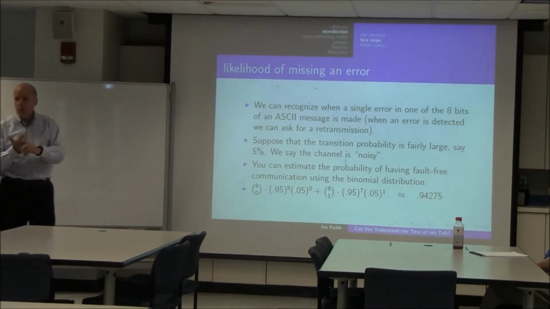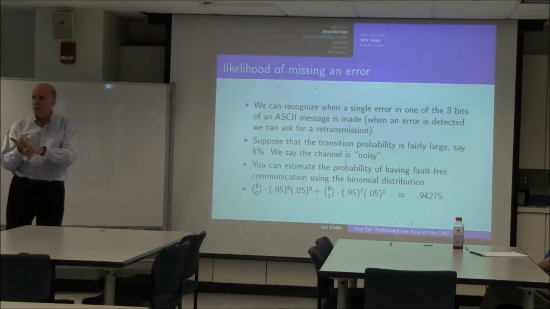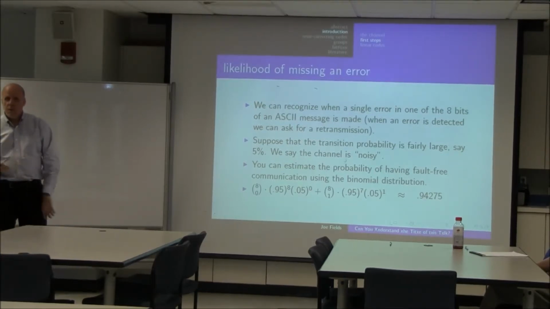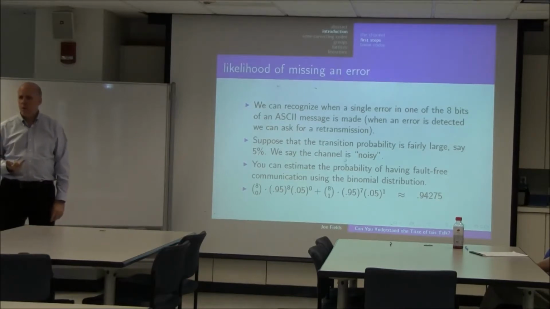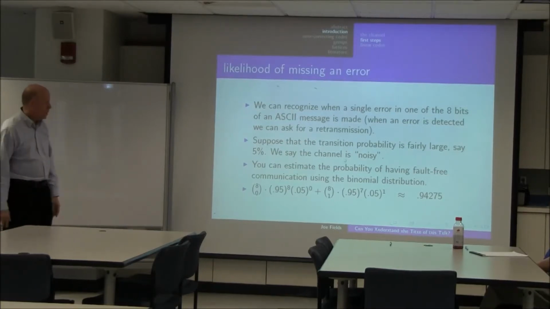If there's a single error, I'll be able to at least tell that I've got an error and ask for retransmission. But notice what happens if there are 2 errors. You're not going to ask. I'm not going to ask, and I'm going to get a character that's wrong. I'm going to think it was transmitted properly, but I won't be able to correct it.